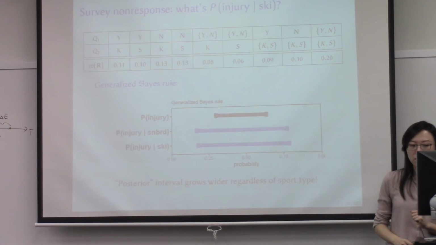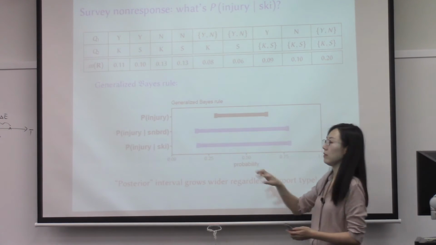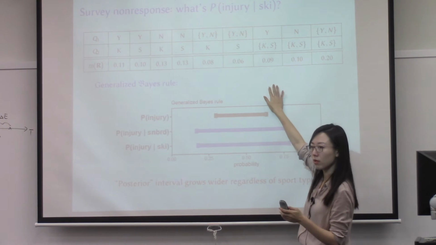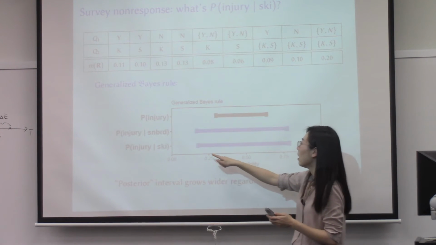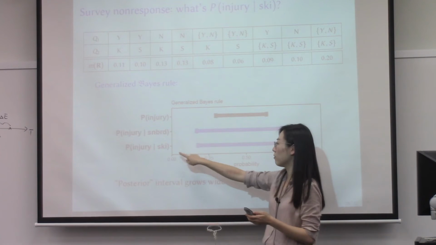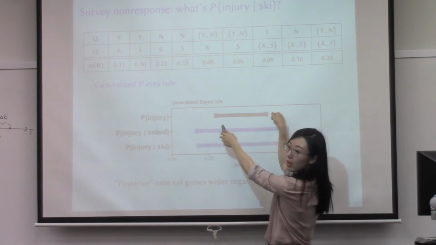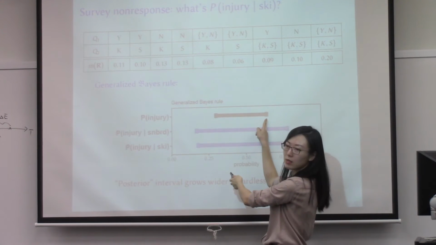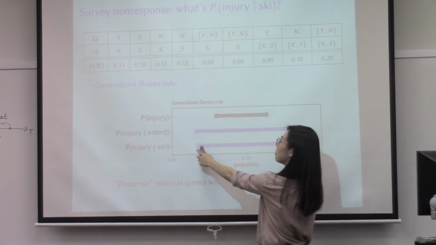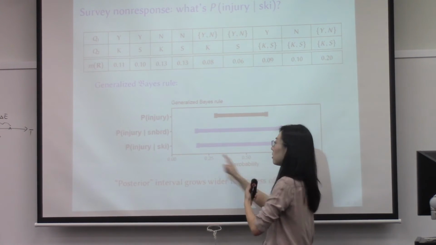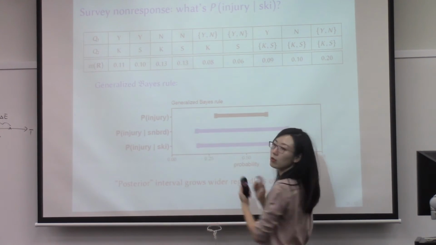Except that there's a problem. Because if I were to do this and calculate the lower and upper probability for this very empirical distribution, I find that the probability of injury given a skier has an interval that is wider than that of the prior, which we calculated to be 0.3 to 0.64. We just worked that out. This is the posterior conditional probability interval using the generalized Bayes for skiing, and this is for snowboarding.